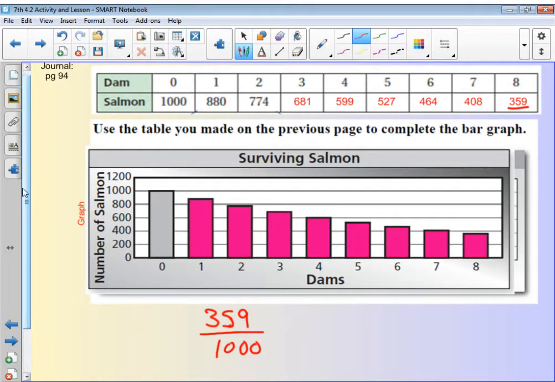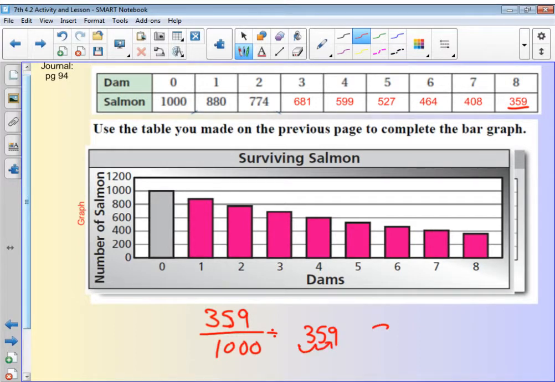If we were to change that into a percent, we'd have to change it to a decimal first. So we're going to read it as 359 divided by 1,000 on our calculator, and that gives us 0.359. Now if we change it to a percent, we're going to go over 2.